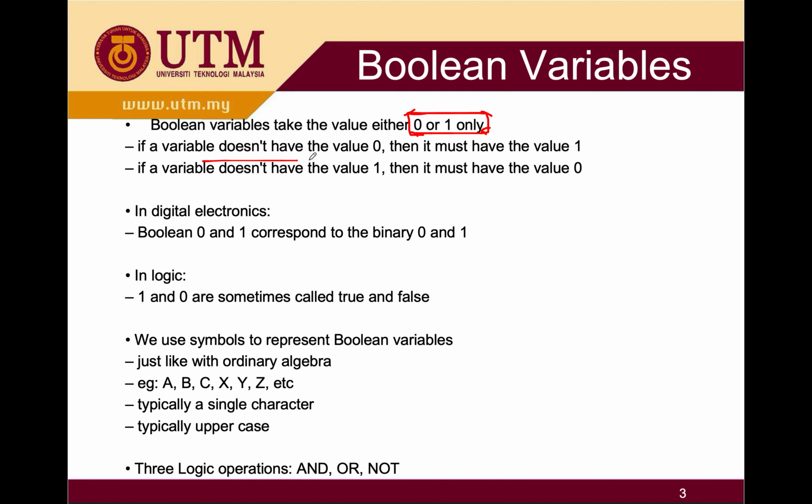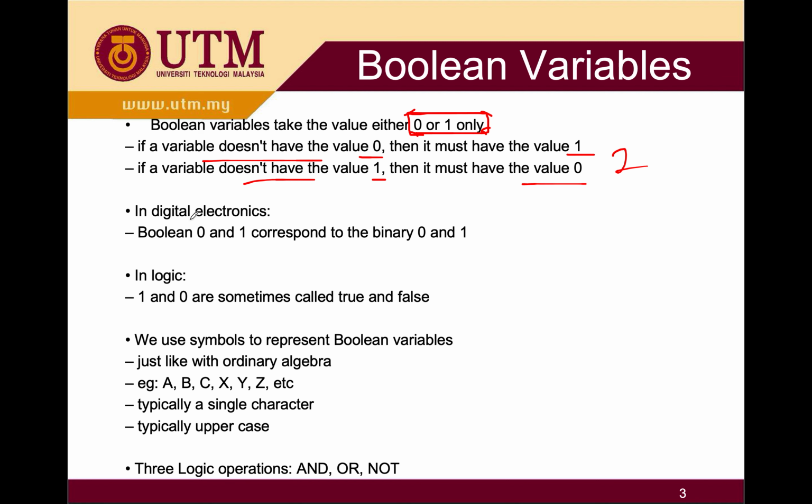So if a variable doesn't have the value of 0, then it must be 1. If the variable doesn't have the value of 1, then it must be 0. So only two possibilities. It's quite easy because there are only two possibilities, 1 or 0, on or off, and so on. Later on I will provide you with extra notes on this.